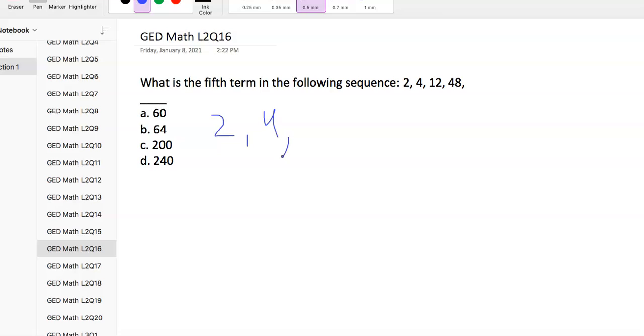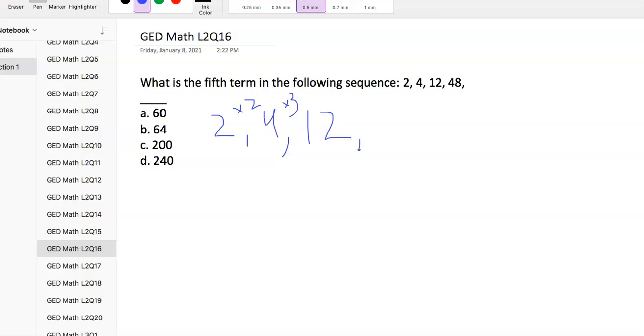So maybe they did one of those. Okay, so what's the next one? 12. First one it was either plus or multiply by 2. Now with this one, if it's addition, it's add 8, so that doesn't seem that likely. Multiply 4 times 3 is 12. So we did times 2, and we did times 3. That's what I'm thinking right now.